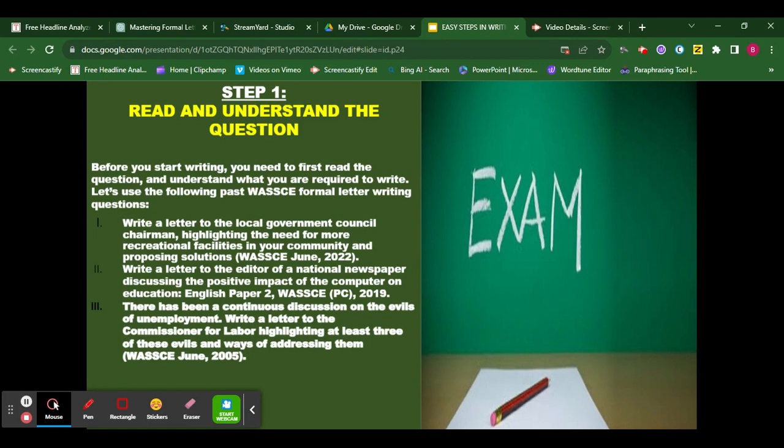There has been a continuous discussion on the evils of unemployment. Write a letter to the Commissioner for Labor highlighting at least 3 of these evils and ways of addressing them. This is taken from June 2005. Okay? So now, let's move ahead.